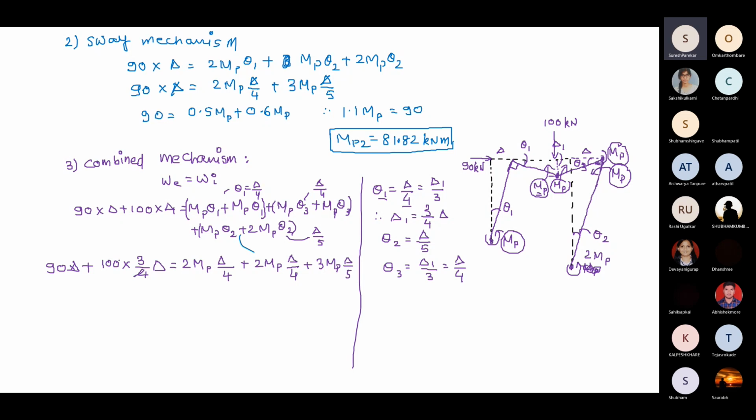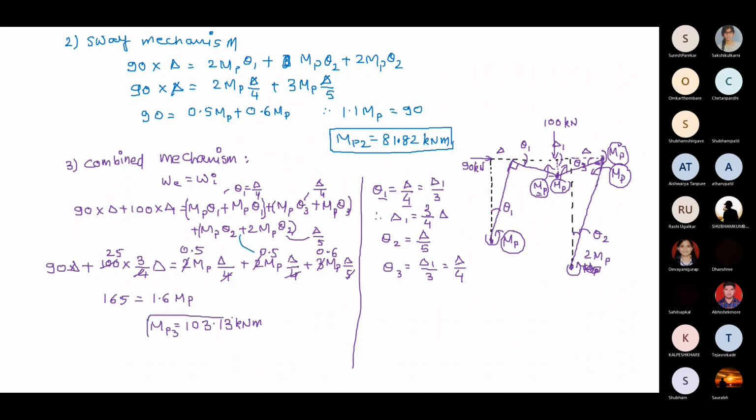And then we will get it as 90 plus 75, 165 equal to, this will be 5 and 6, so 1.6 MP, and we will get MP is equal to 103.13.